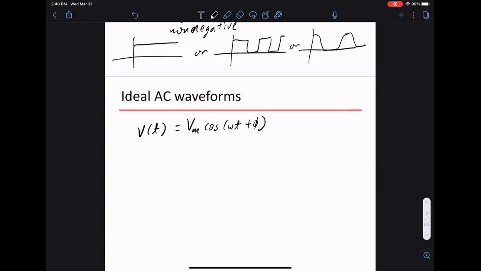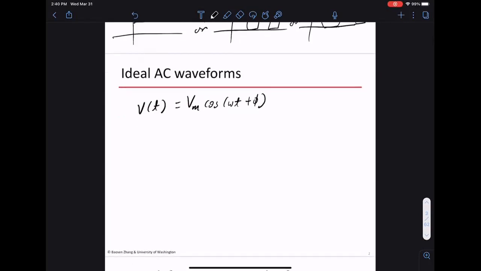Of course there are names for all these variables. We have f as the frequency.